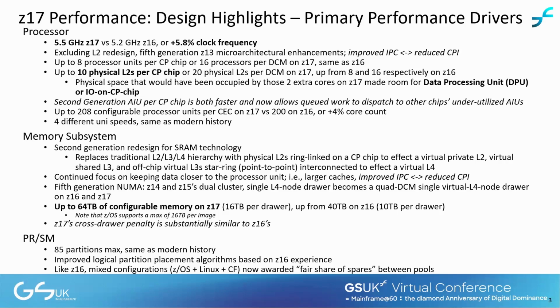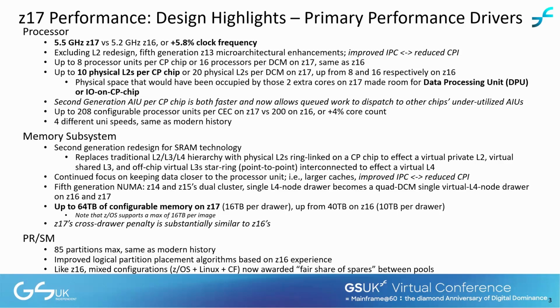We still have 8 physical cores per chip on Z17, so that's not changed. However, we do have 2 additional level 2s per chip. So that increases the total cache available. And I have some topological diagrams that'll show that a little more clearly, and we'll talk about why that change was made.